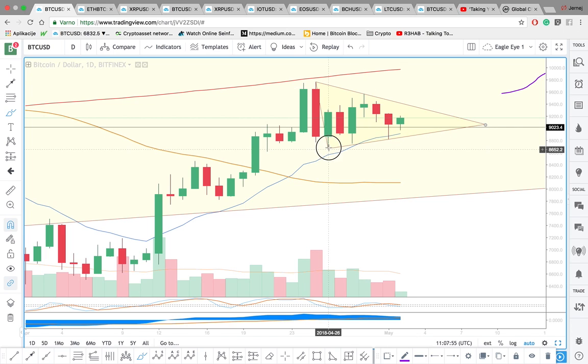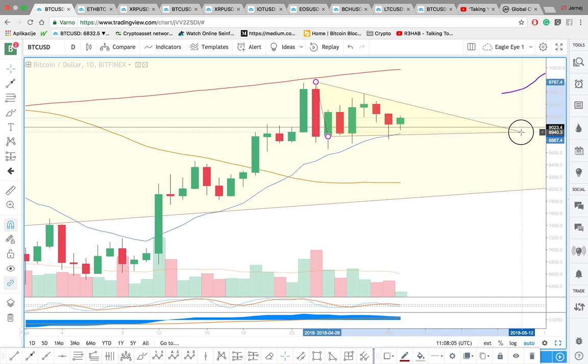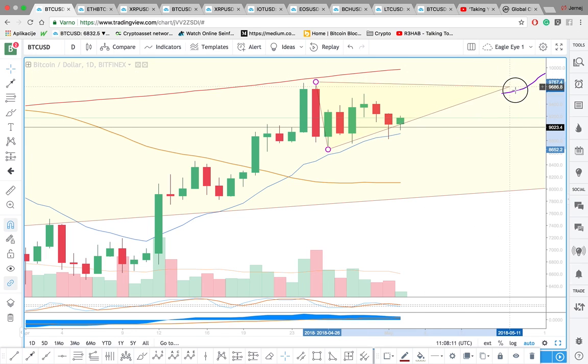It is a tricky one. Because if it was like that, we could say, okay, it's more likely that it will break through the upside. If it was like that, we could say the other thing, that it will go to the downside, but it's kind of in between, so it could break through either up or down.